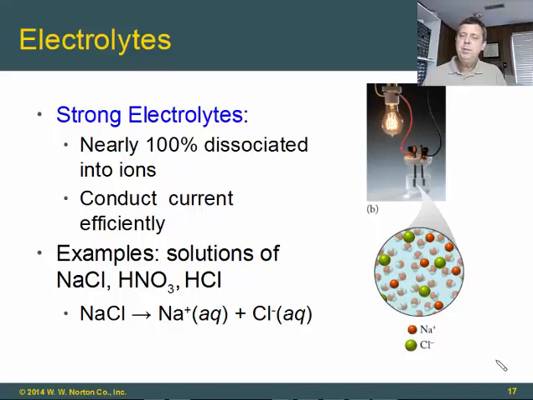By the chemistry definition, strong versus weak is a bit confusing for people sometimes, especially dealing with acids. Strong versus weak doesn't really have to do necessarily with how reactive a given acid is. But a strong acid is going to fully split apart. So sodium chloride is going to fully split apart into sodium ions and chloride ions.